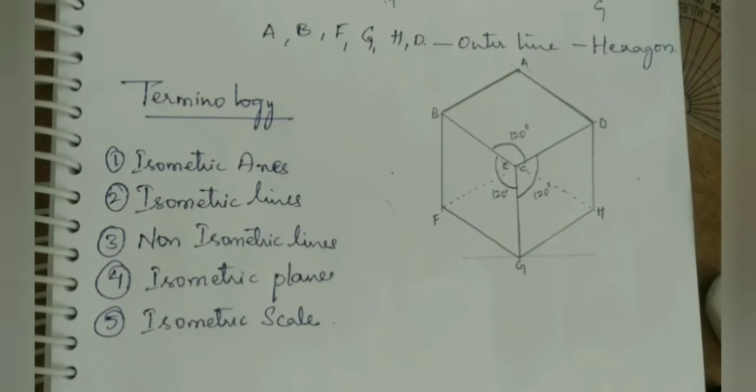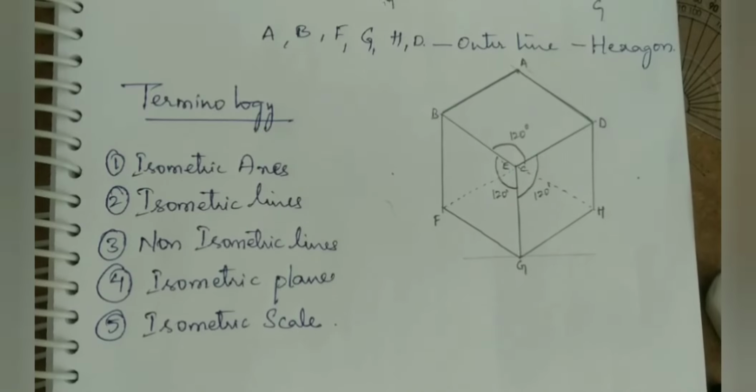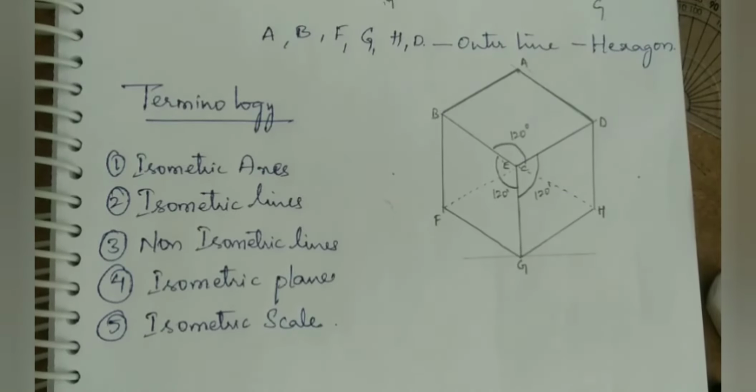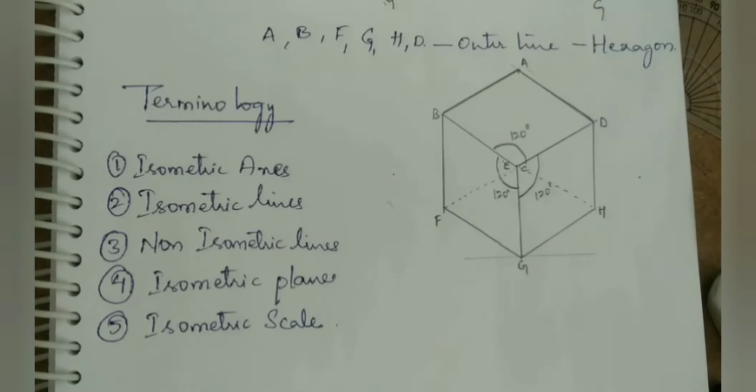So the terminology here, the 5 points we have been explaining. The first one is isometric axis, isometric lines, non-isometric lines, isometric planes, isometric scale. So what are the points that represent the isometric axis?